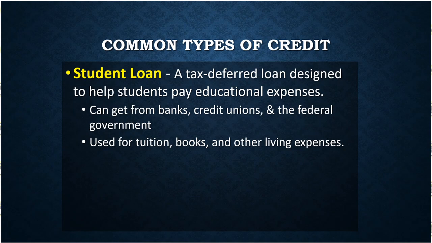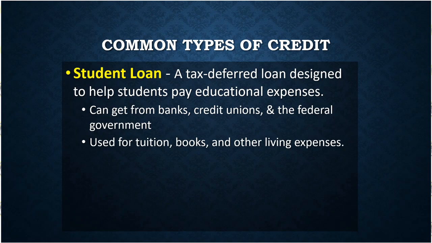A student loan could be used for any expenses that you incur while you're going to school. Generally speaking, people realize it's for tuition, books, room and board that you'd have in a dorm room, but it could be for other living expenses as well. If you live off campus and you have to drive in to the campus to take your classes, then you can use your student loan to put gas and oil in your car or to pay for public transportation, a bus pass, and things like that.